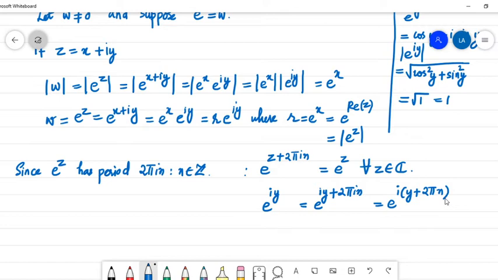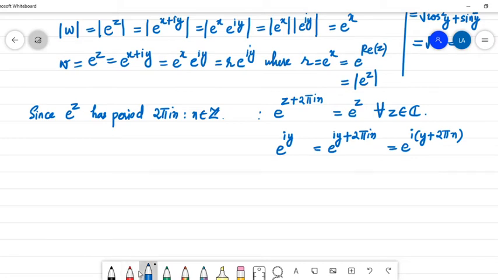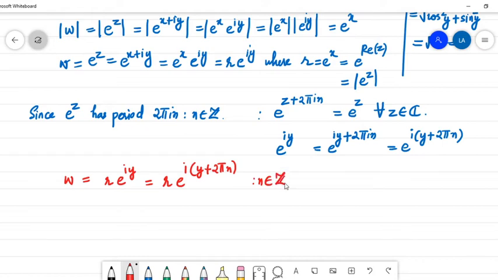So now we can just rewrite our w. We have our w equal to r into e raised to iy. So instead of e raised to iy, I can substitute e raised to i into y plus 2 pi n, where n belongs to the integers.